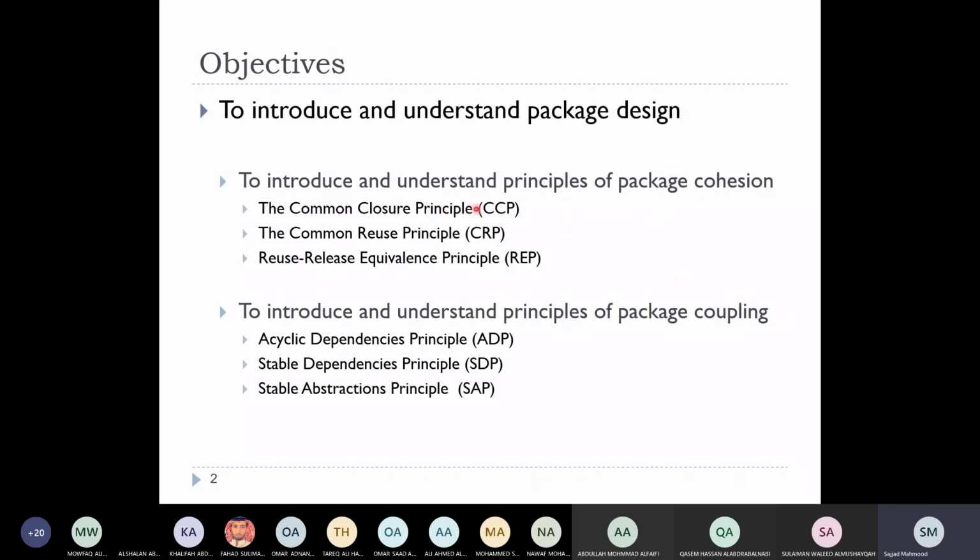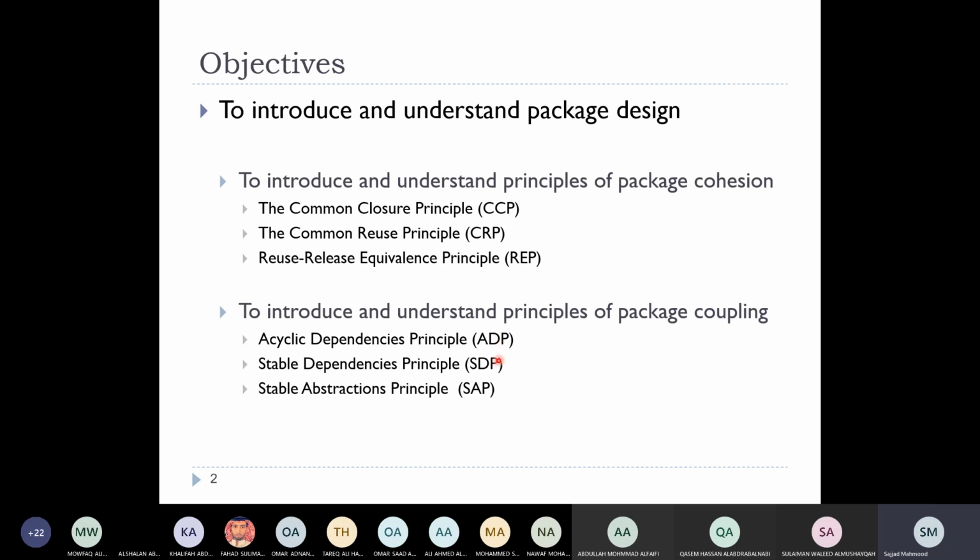For cohesiveness, we looked at 3 principles: the common closure principle, where a package should contain classes that are going to be changed together; the CRP principle, where packages should contain classes that are going to be reused together; and the reuse release equivalence principle, where classes that will be released together for reuse should be put together.